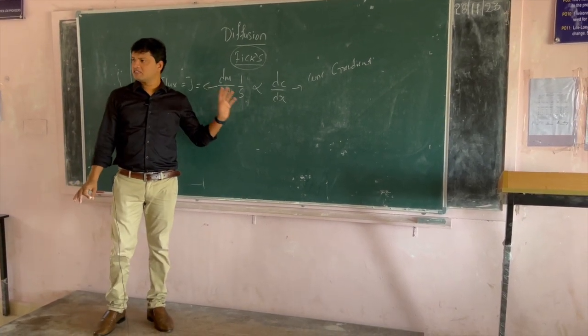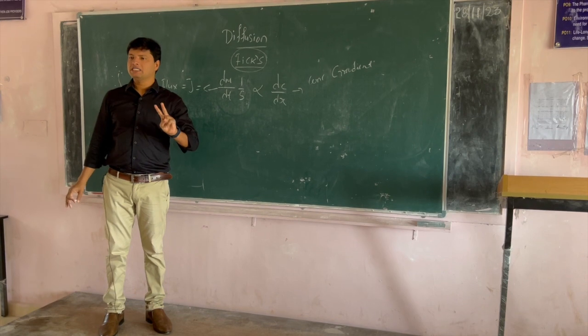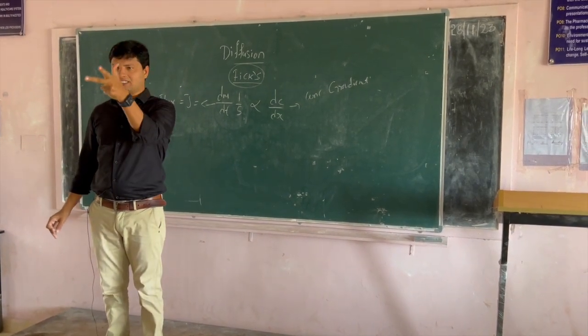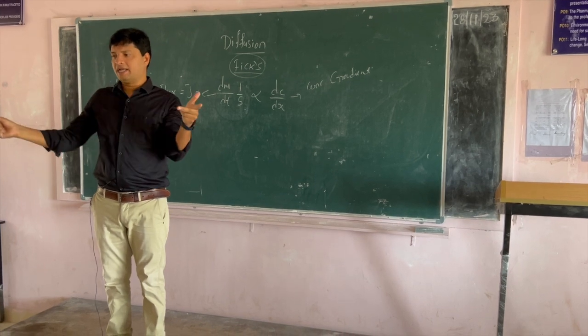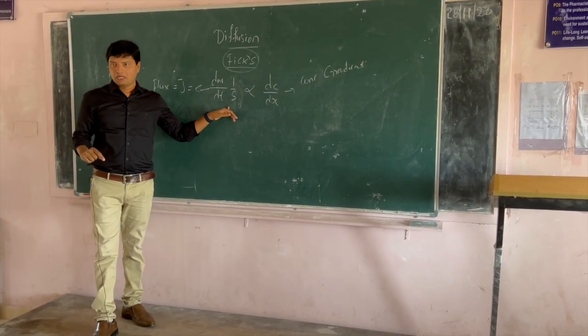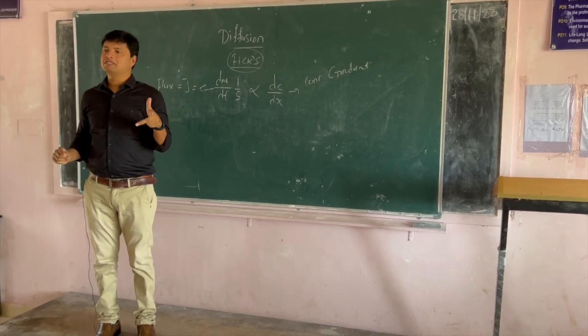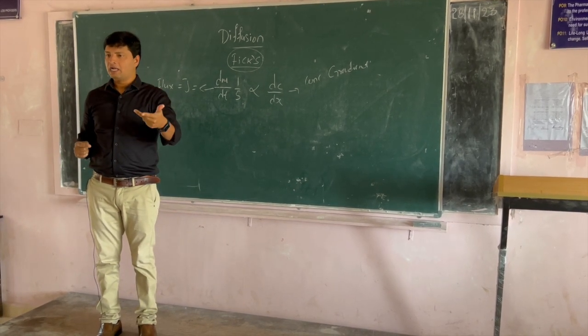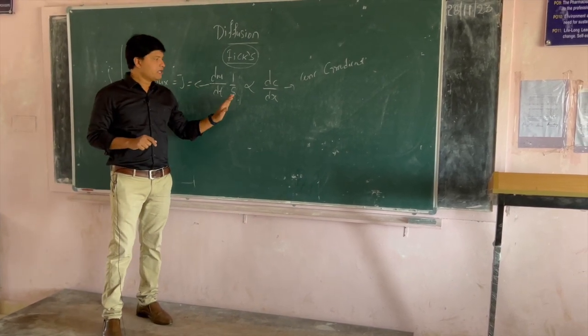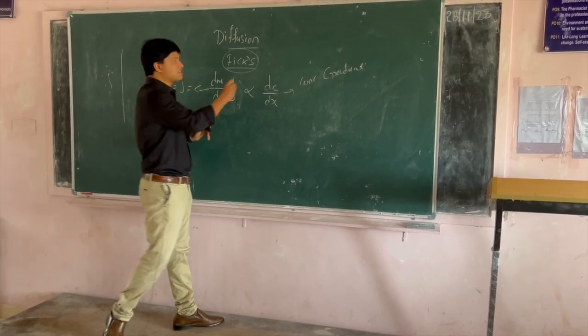Fick's second law is also there. Flux is directly proportional to concentration gradient in 3 axes: x axis, y axis, z axis. This is a single axis. If you take this into 3 dimensions, then it becomes the second law. We are not using the second law that much, but for the time being remember Fick's first law.